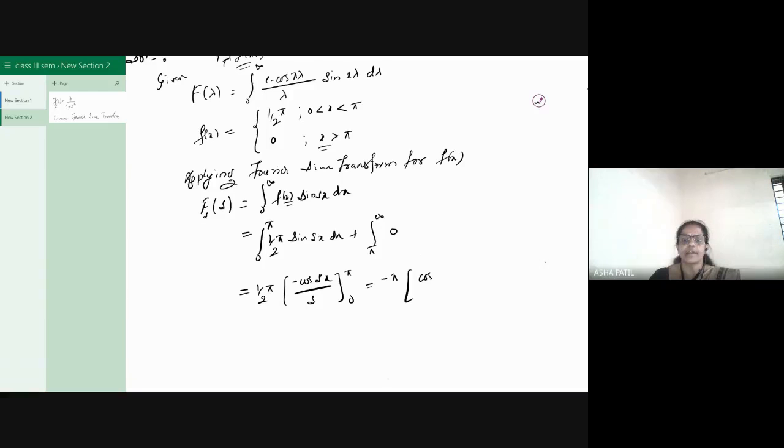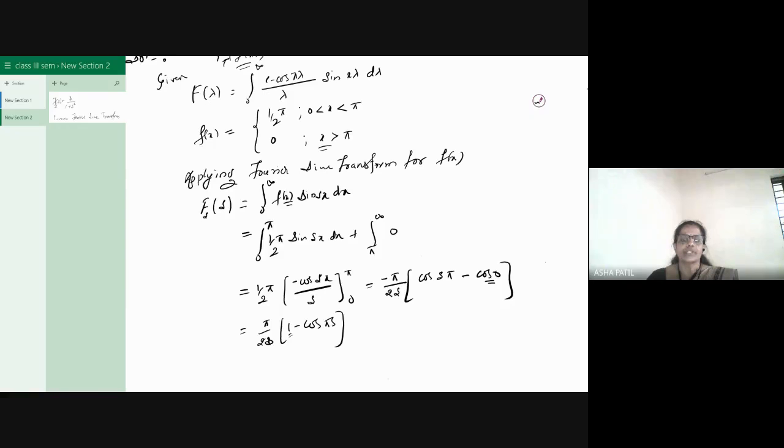It is pi divided by 2s, cos s pi, then minus cos 0. Now this can be written as pi divided by 2s times (1 minus cos pi s). Cos 0 value is 1, so minus of minus gives plus 1.